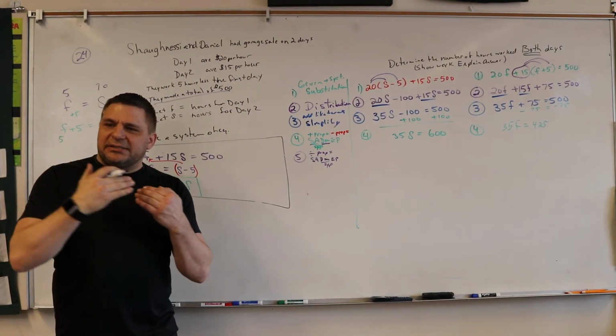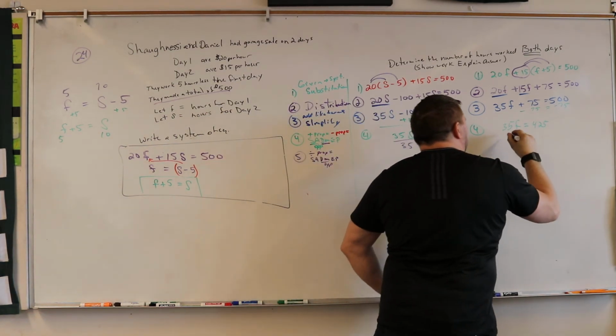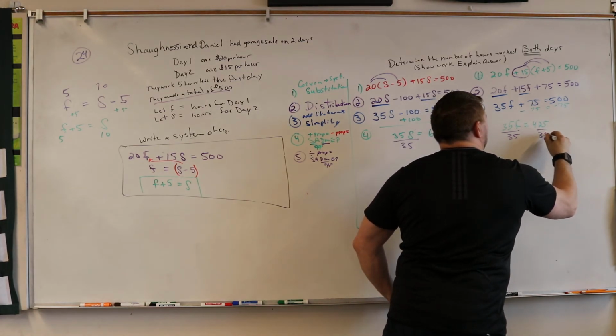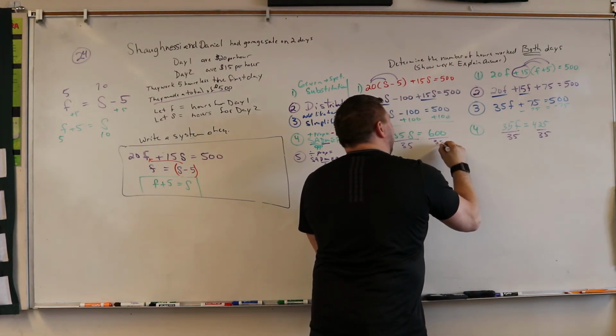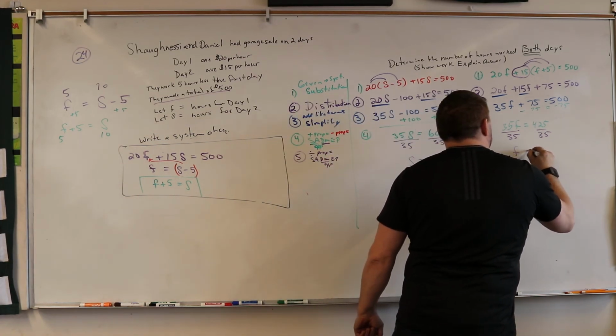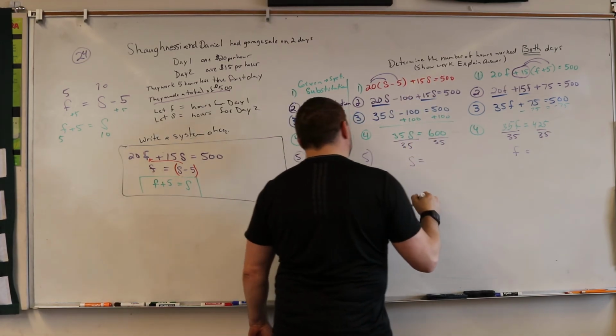Because we're doing it to both sides of the equal sign, we're dividing by 35. Then we have to divide by 35 and divide by 35. So we get S is equal to, and F is equal to. And this is step 5.